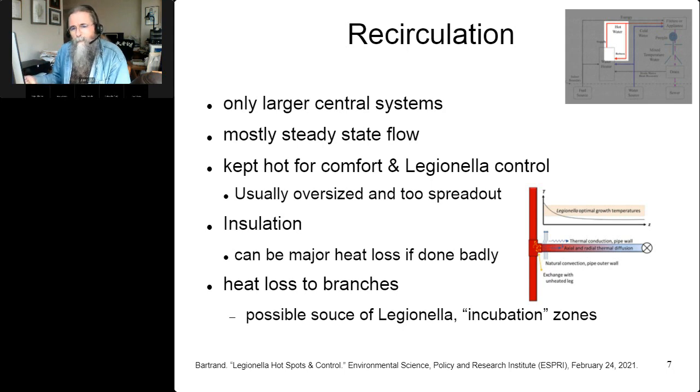And the branch pipe off has cooled down, so there's no pathogens growing in it because they don't grow at room temperature. But there's this transition region where it may be an incubation zone for Legionella every time there's something coming off of the recirc loop.